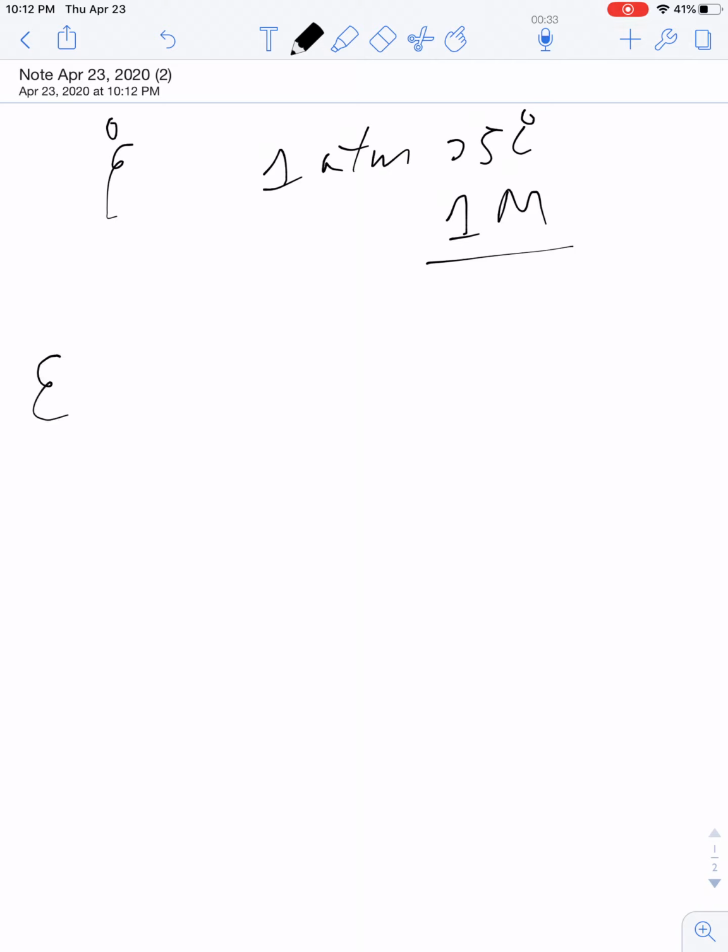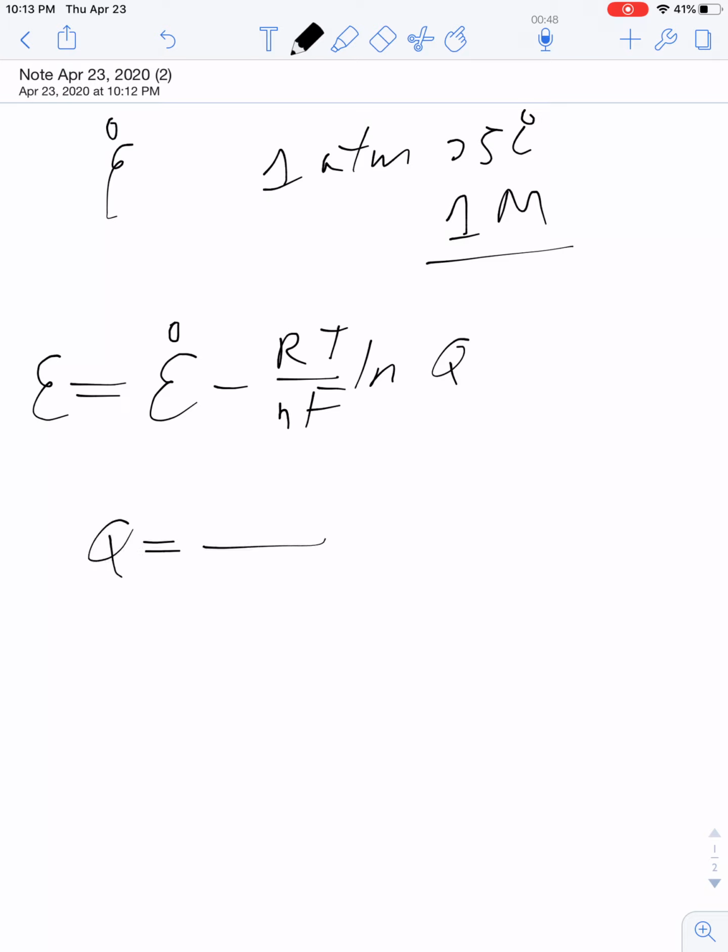The Nernst equation is the cell potential is the standard cell potential minus RT over nF times the ln of Q. Remember where Q is the concentrations of products over reactants raised to their powers of the reaction.